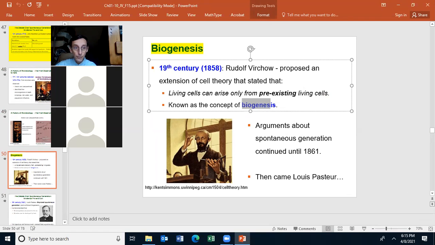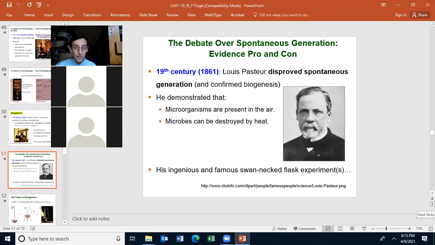It wasn't until Louis Pasteur came along that the theory of spontaneous generation was disproved, and therefore Louis Pasteur confirmed the theory of biogenesis.